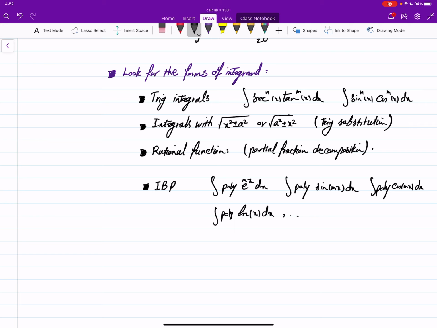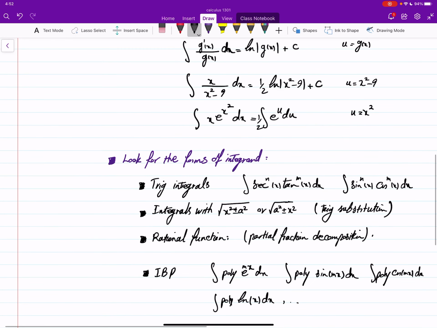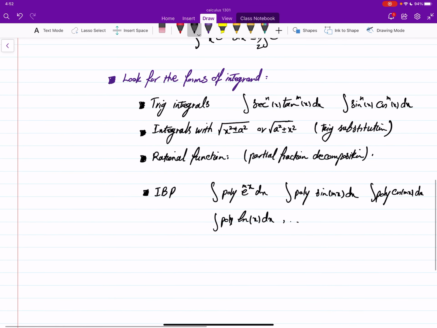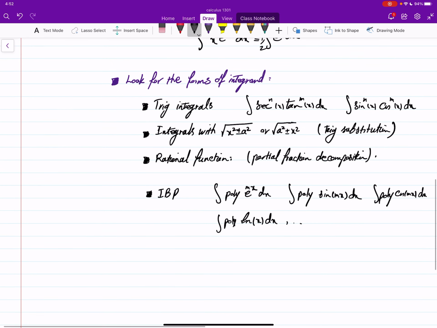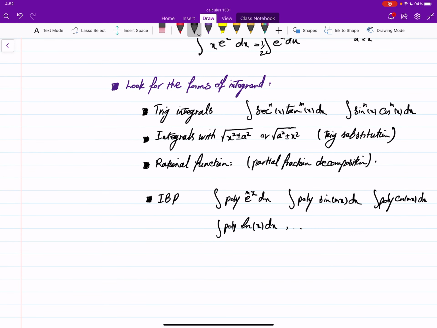So when you get to this point and your integral is not any of the cases that we have covered so far, then you need to go back and think again. Before, you tried obvious substitutions, or you tried obvious integration by parts.